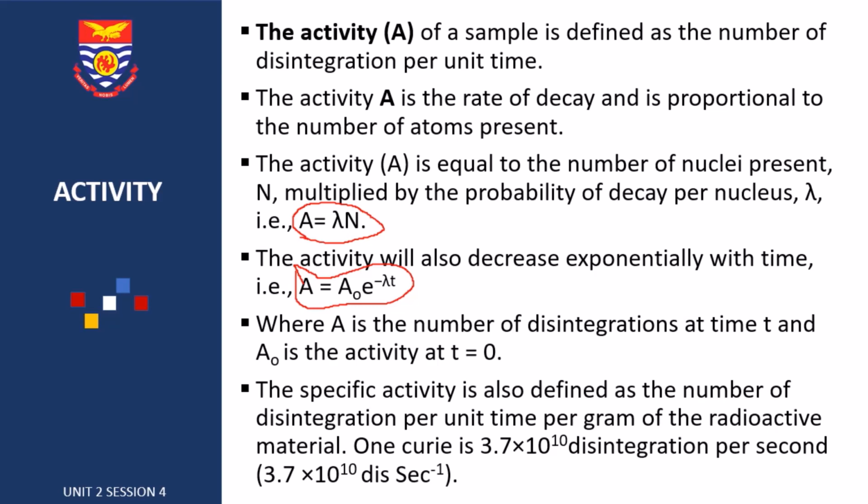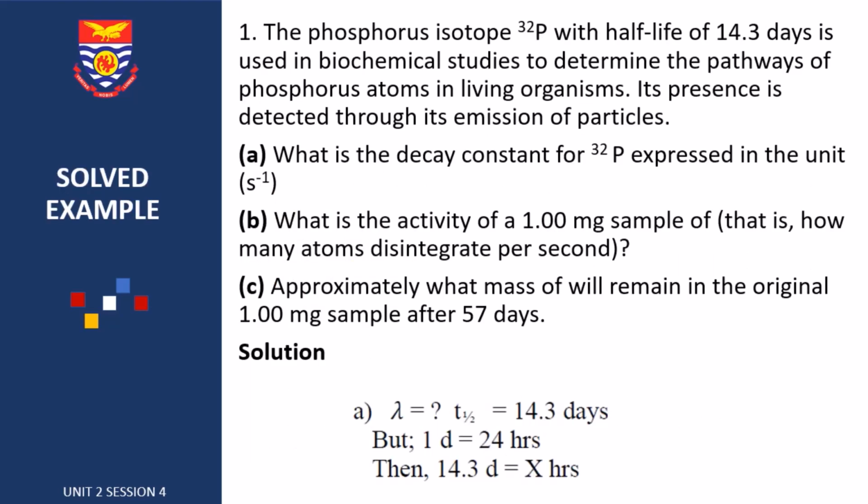As we stated in our previous slides, 1 curie is represented by 3.7 times 10 to the power 10 disintegrations per second. We shall apply this as we go forward and do certain calculations on activity. So let's look at this solved example, which says that the phosphorus isotope P32 with half-life of 14 days is used in biochemical studies to determine the pathway of phosphorus atoms in living organisms.